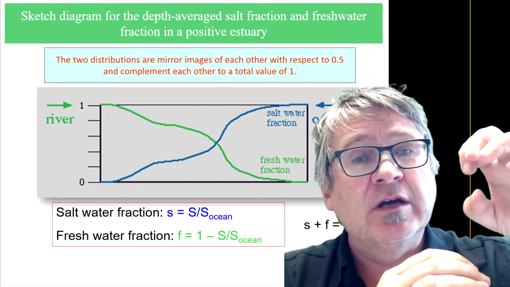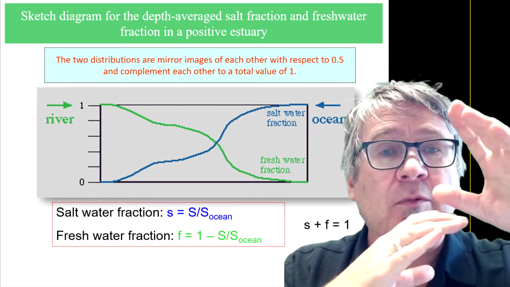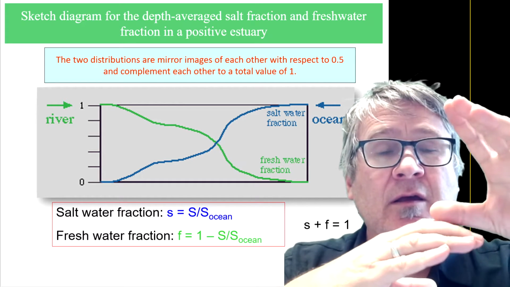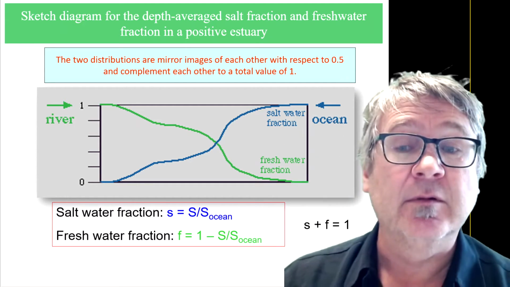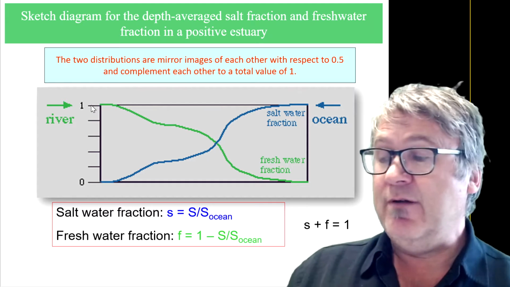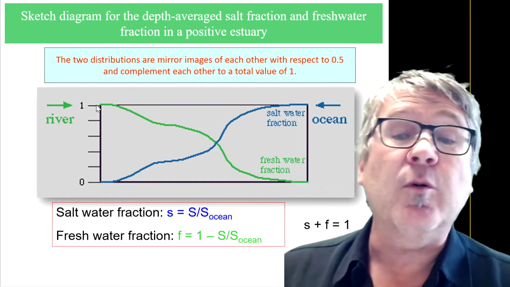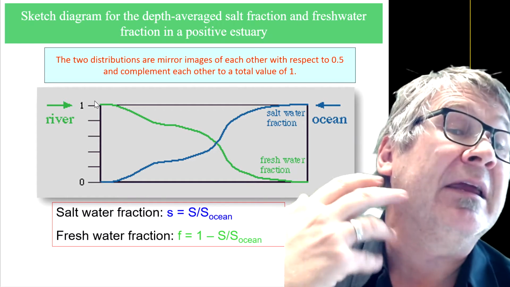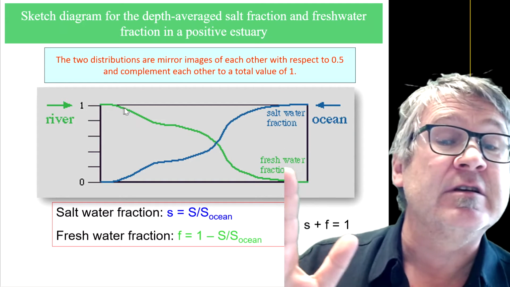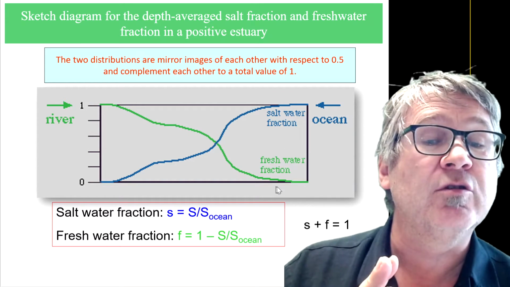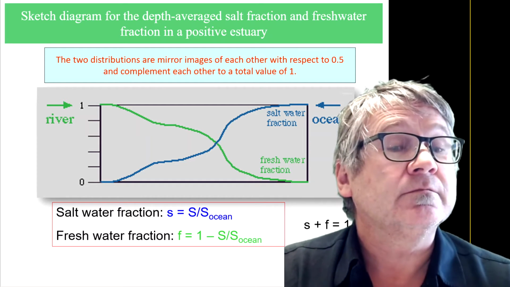This is how much zero salinity water do you need to make your mixture. Again, this can now be shown in a diagram. As you are at the river mouth here on the left side, the freshwater fraction is 1, meaning 100%. And then the freshwater fraction decreases as you go towards the ocean. At the ocean, it is 0, because there's only seawater.